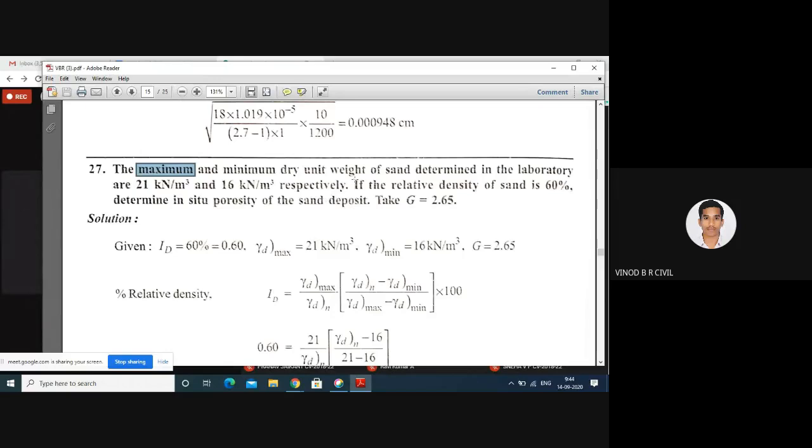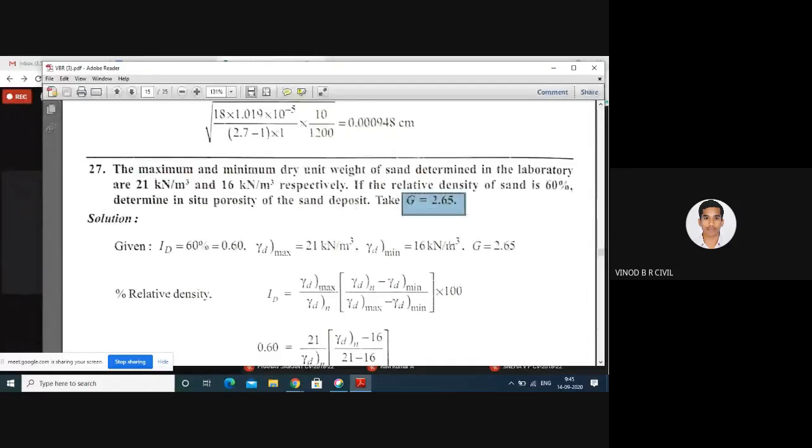Next, relative density of sand is 60%, means 60% of sand is compacted, remaining 40% you can expect the voids. And determine in situ, means in the field itself you have to calculate the porosity of the sand deposit. Take G, specific gravity, 2.65.